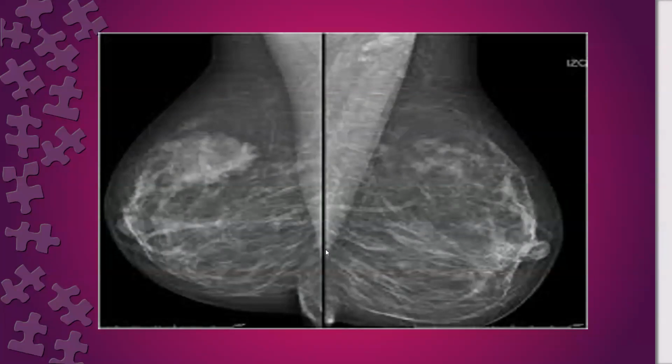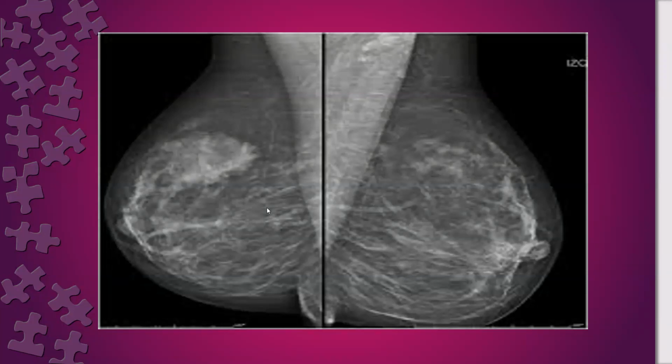This is another case. What is going on? Asymmetry in size also. Asymmetry, with a focal lesion at the right breast upper outer. Why is there a focal lesion? You can say there is asymmetry.